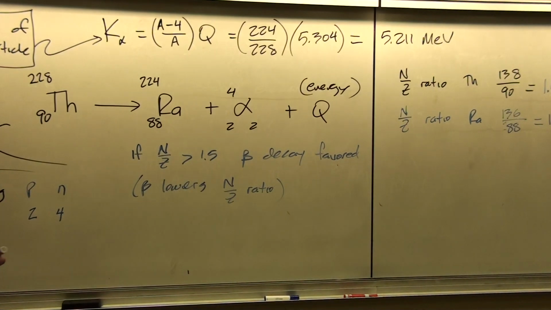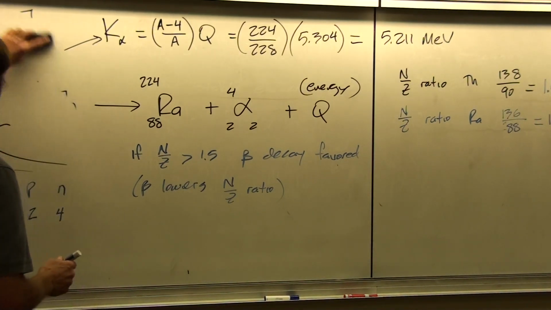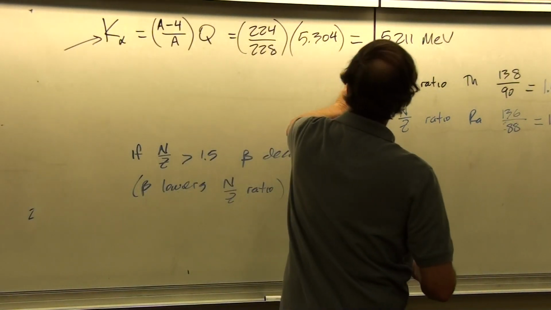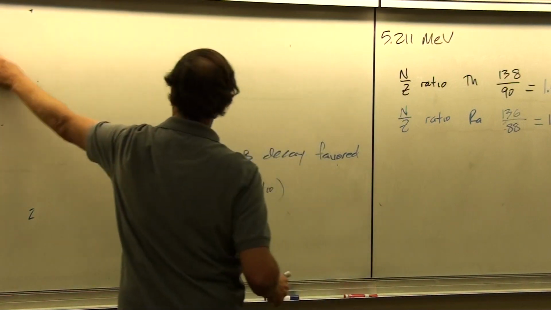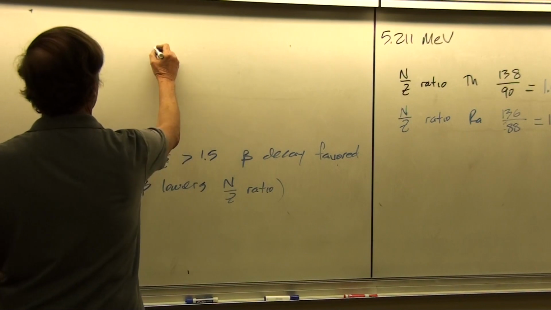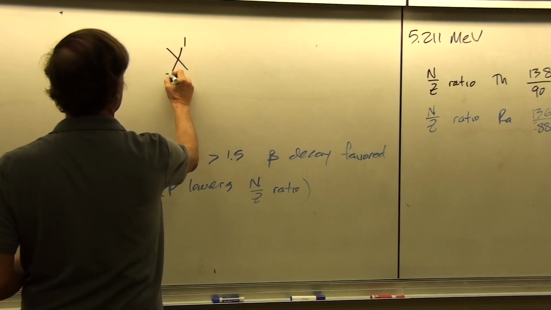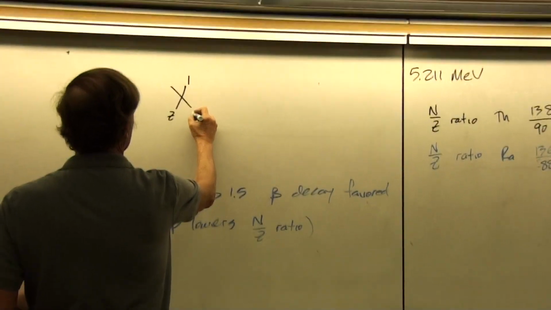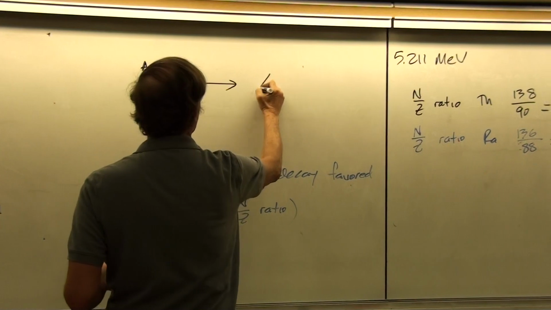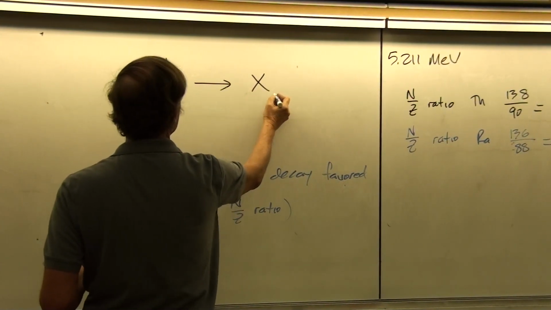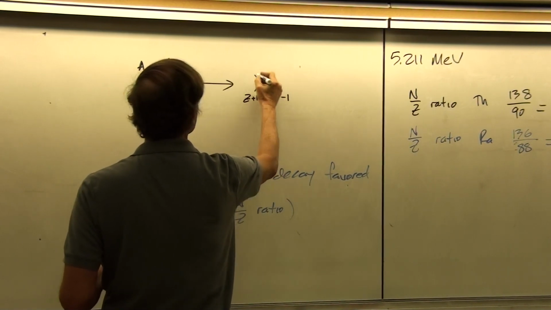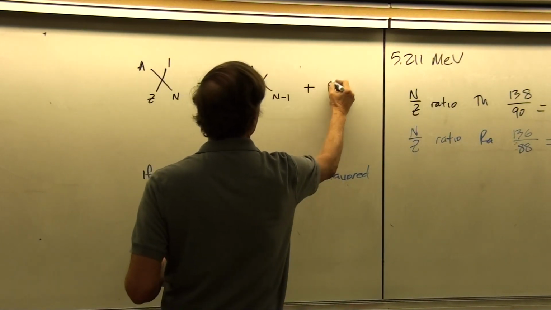And so our basic reaction then for beta decay is going to look like this. We're going to have our X prime nucleus with a Z, an N, and an A value. And then that's going to go to our X nucleus. But because a neutron's being turned into a proton, this will be Z plus 1, this will be N minus 1 and A. And this will be plus a beta particle.